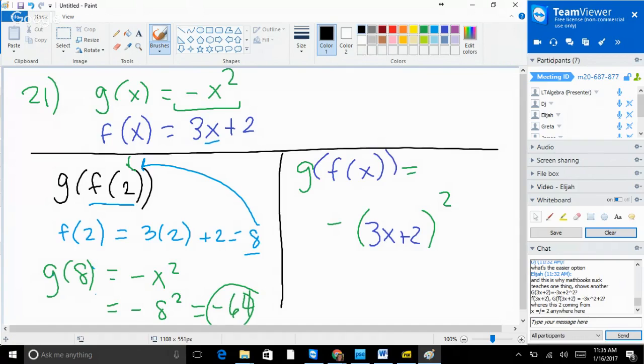So we have that g of f of x is negative (3x plus 2) squared.